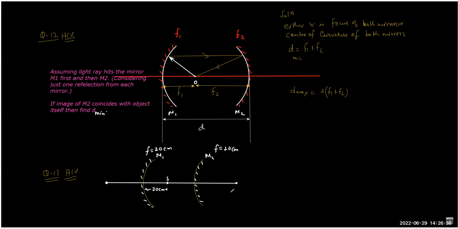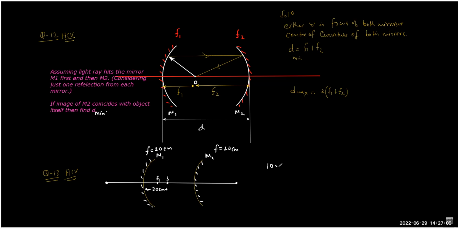I think the separation between the mirrors is not given, right? You can apply the mirror formula for the first mirror. F, you can say F1. So the distance from F1 is just 10.